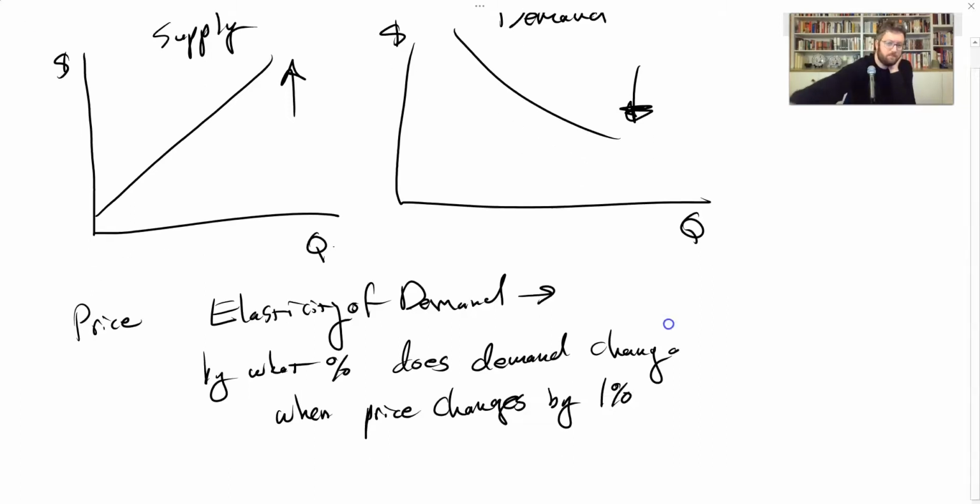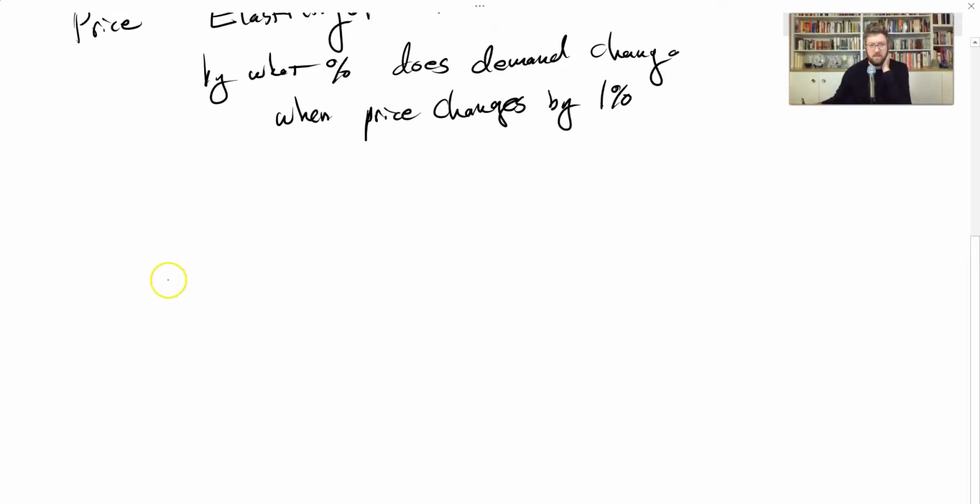So this is the intuitive definition, but the technical definition that we use in this course, we define it with this little Greek symbol, and it's equal to the partial derivative of the quantity with respect to the price times price over the quantity. Okay?